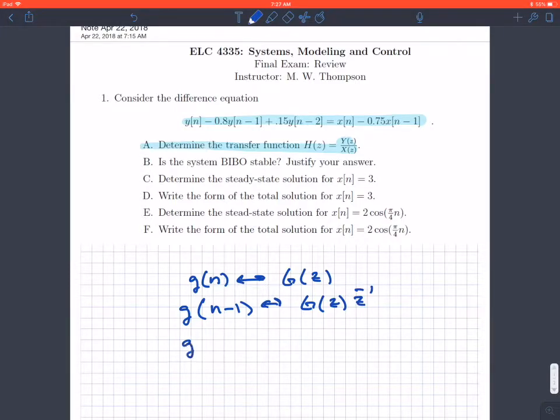If you delay it by like 6, then the resulting transform is g of z times z to the minus 6.